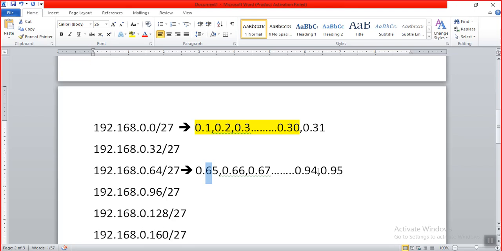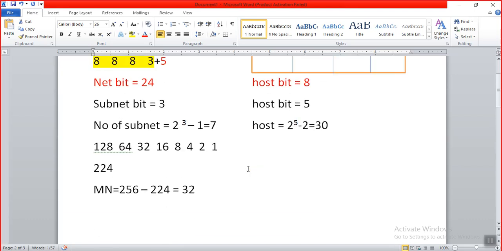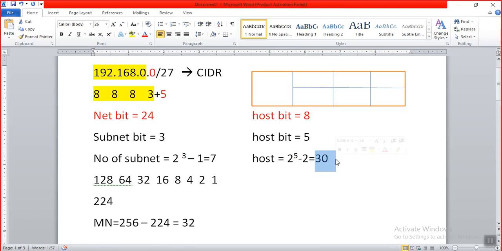And 91, 92, 93, 94, not 95, 4 IPs. So 6 IPs, 20 IPs and 4 IPs. So 6 plus 20 plus 4 is 30 IPs. So if you check it, it is going to show 30 IPs for each and every network.